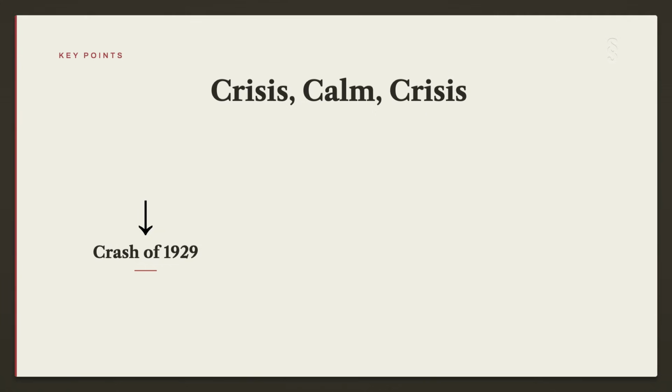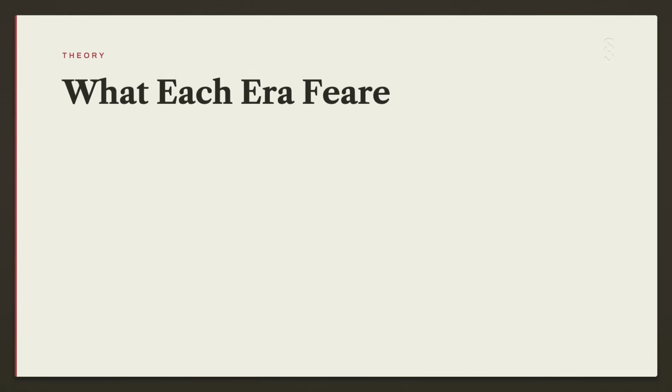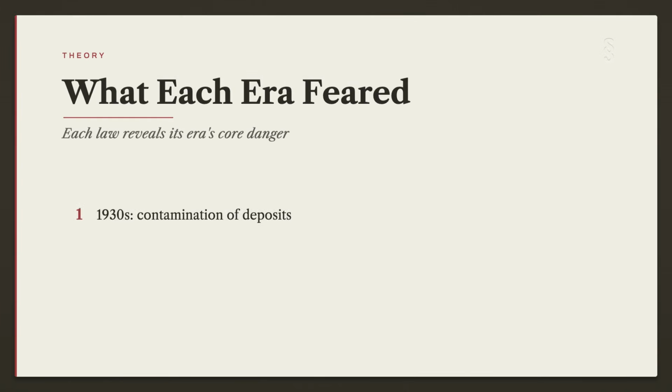Restrictive regulation follows crises, when acting is politically easiest, while deregulation follows extended calm, when restrictions start to look like unnecessary drag. Each law also reveals what its era believed the core danger to be. The 1930s feared contamination of insured deposits.